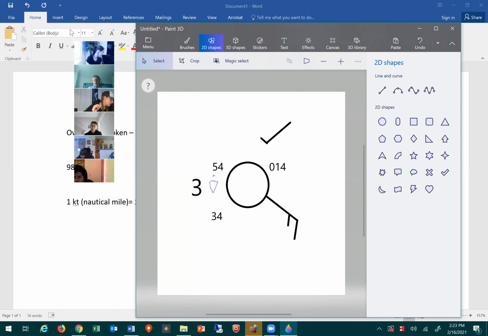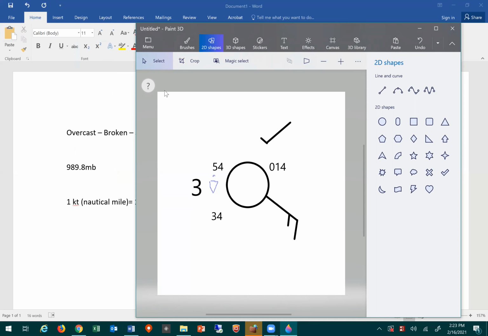Again, as a pilot, you need to read your maps, right? The answer is this must be 10 knots, because if it were 5 knots, this little guy here would go not at the end. So if you see it and it's at the end, it must be 10. If it's only there, it's 5. So the 5 knots is never at the end. This way, if you're drawing it by hand, you'll never miss that.